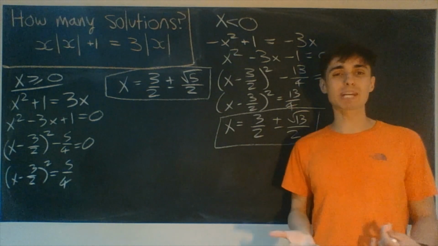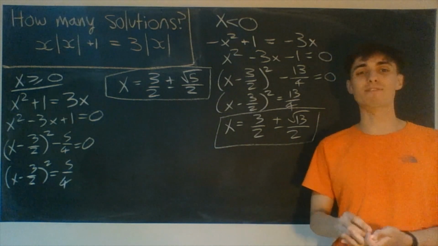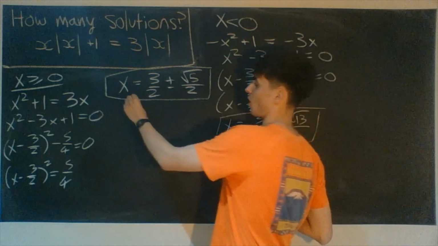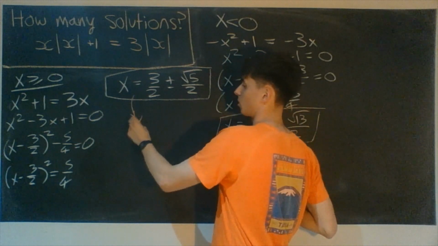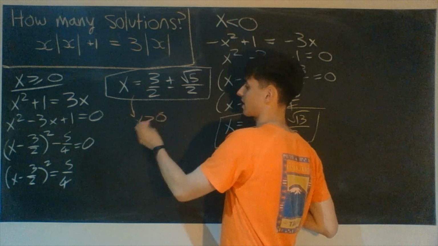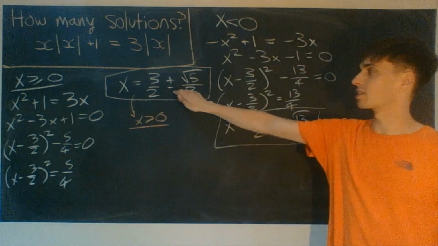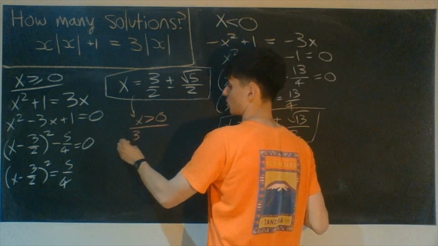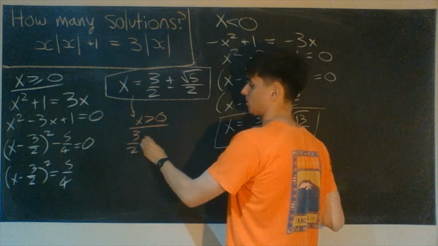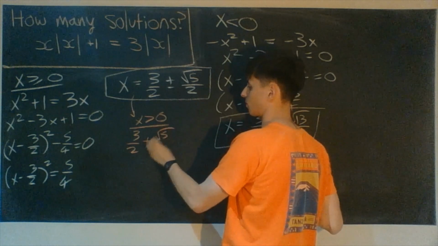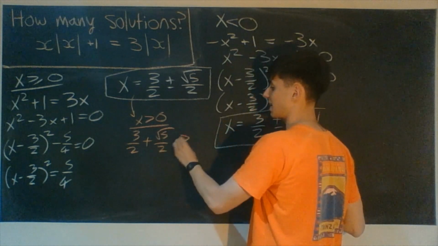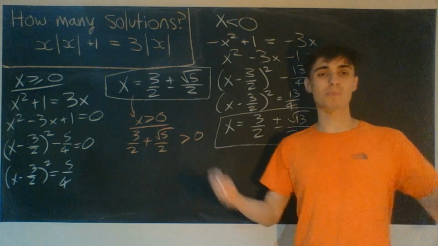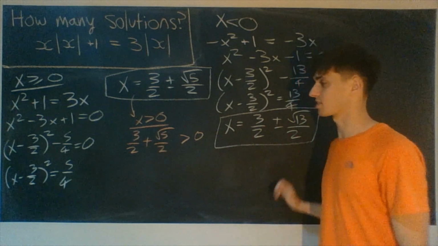But now we need to think about, are our solutions actually valid or not? Let's start with this one. We would like x to be greater than 0 for these solutions. Well, 3 over 2 is positive, plus root 5 over 2, that is definitely greater than 0. We've got 2 positive numbers, we add them, it has to be greater than 0.